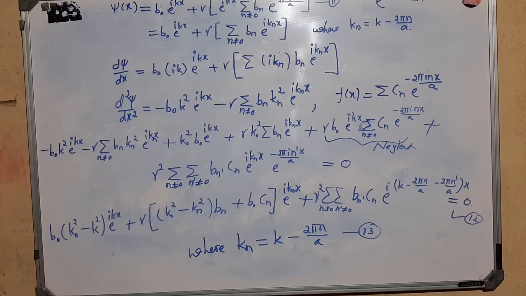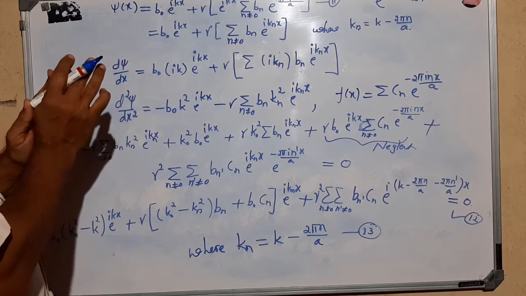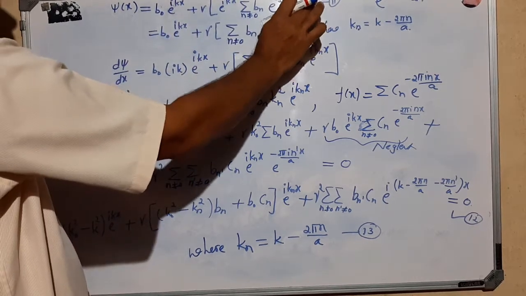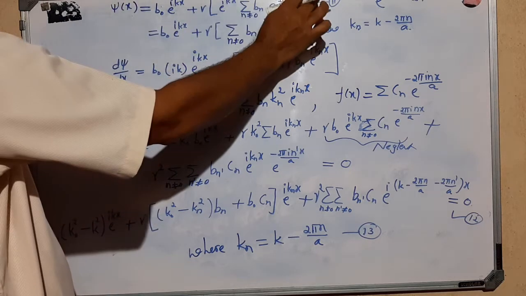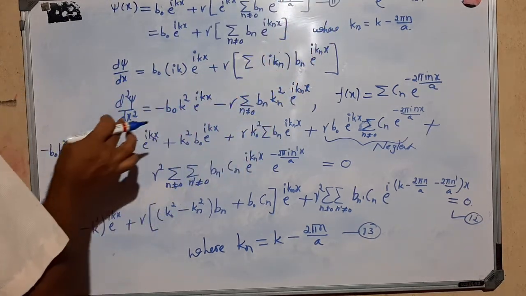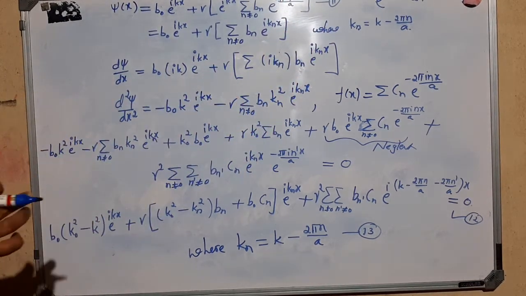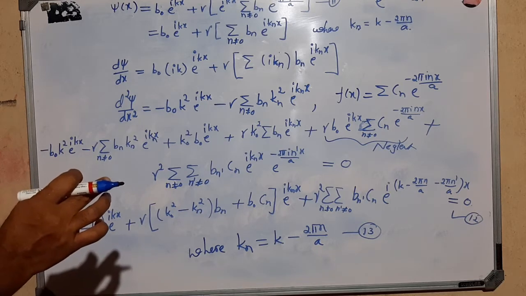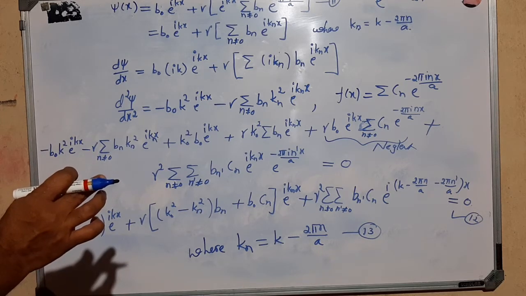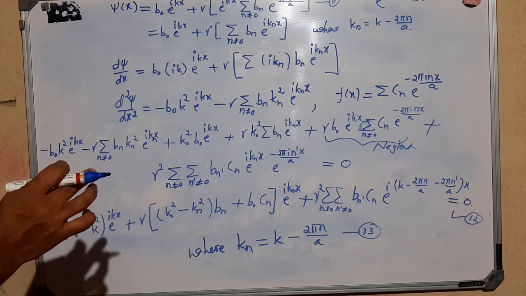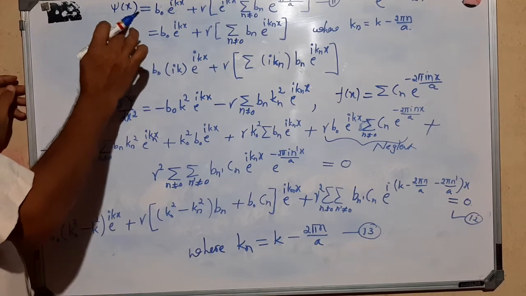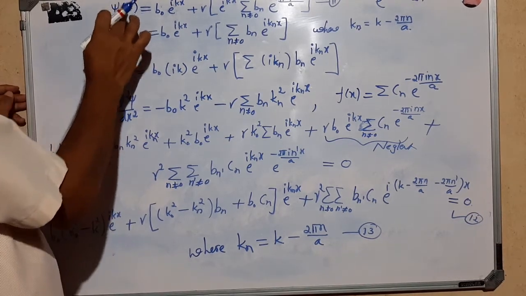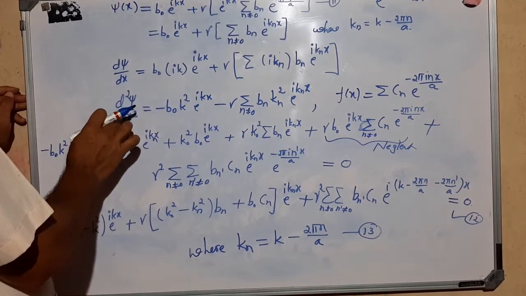Now our aim is to substitute the value of xi of x from equation number 11 into equation number 4, that is d square xi by dx square plus (k naught square plus gamma f of x) xi of x is equal to 0. That means we have to first differentiate xi of x twice with respect to x.